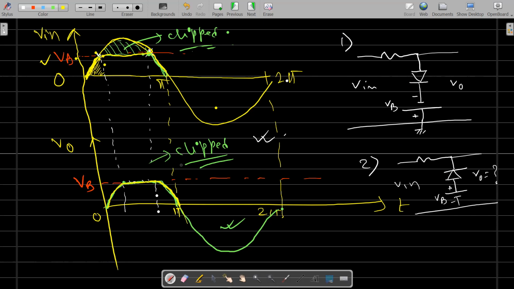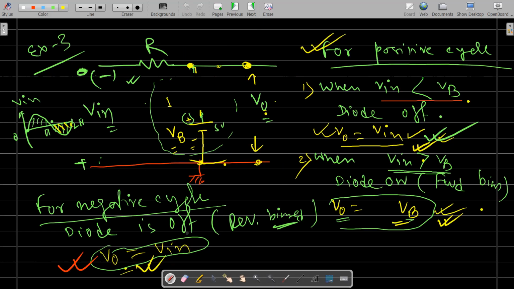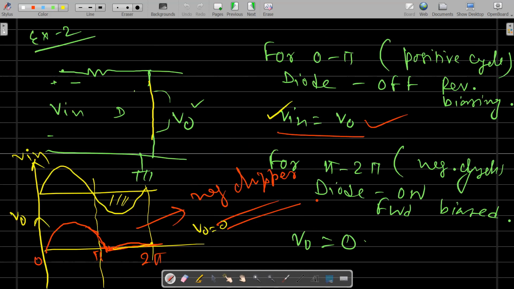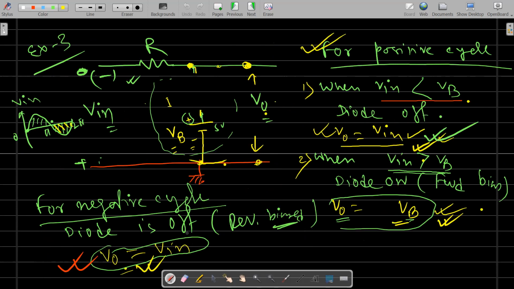Now see one interesting thing here. In this circuit, this particular part is removed, this section. So this section is not present. That's why we are using the additional bias voltage. While using the simple clipper circuit, you can remove the entire positive cycle or the entire negative cycle. But if you want to remove some part, not the whole part of a cycle, then you have to use the bias clipper.